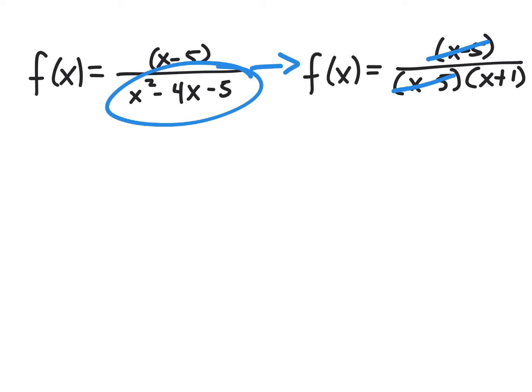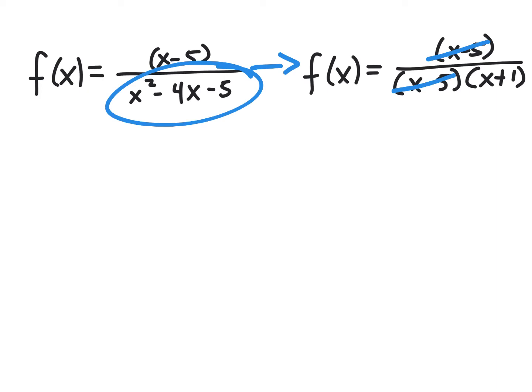Canceling a term is another way of saying dividing a term. So x minus 5 divided by x minus 5 is the same thing as 1. Canceling the top and the bottom really means anything divided by itself is just 1.